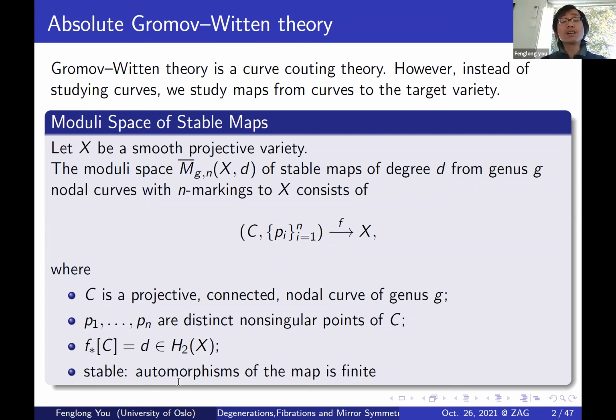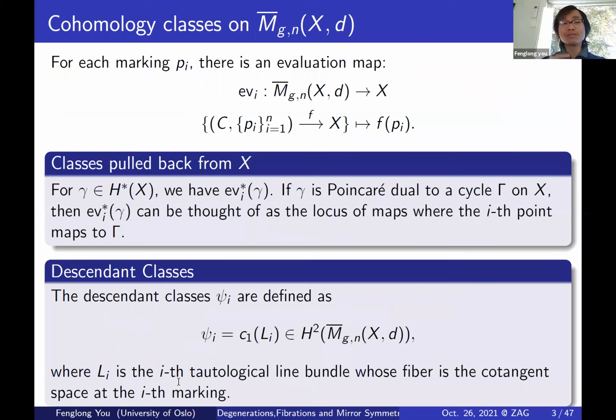Gromov-Witten invariants are defined as intersection numbers on this moduli space. We can define some cohomology classes on this moduli space. For example, we can define cohomology classes by pullback along the evaluation map, which maps a map to the image of the marked point. So we can pull back cohomology classes from X and get cohomology classes on the moduli space.